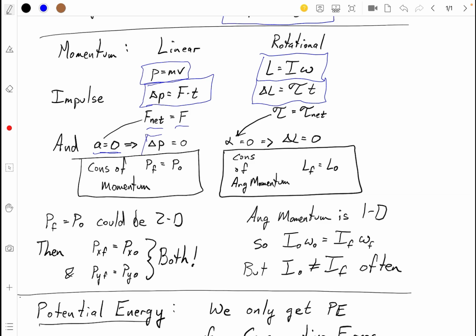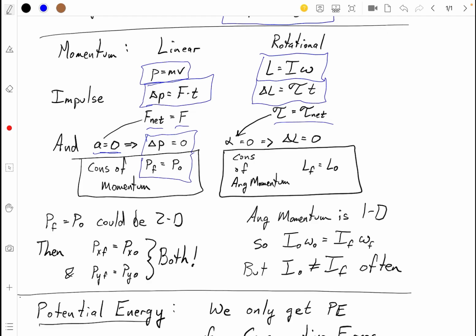Well, in that case, then you have an impulse that equals 0. But what does that mean? Delta P means P final minus P initial equals 0, or P final equals P initial, and that's a conservation of momentum thing.